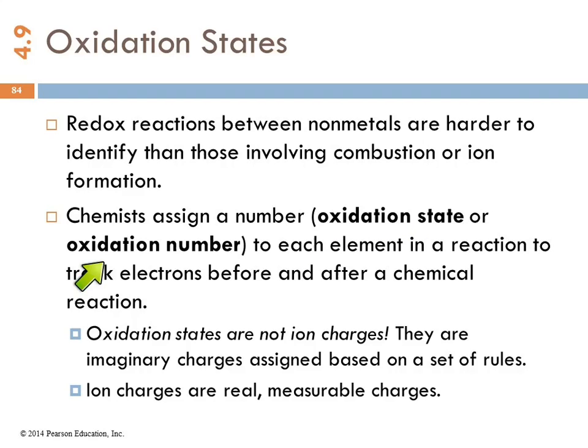Okay, oxidation state, oxidation number means the same thing. So we assign a number to the elements so that we can track where the electrons went before and after the chemical reaction. And we can see, well, if this oxidation number went up or it went down, then we can tell which one was oxidized and which one was reduced.